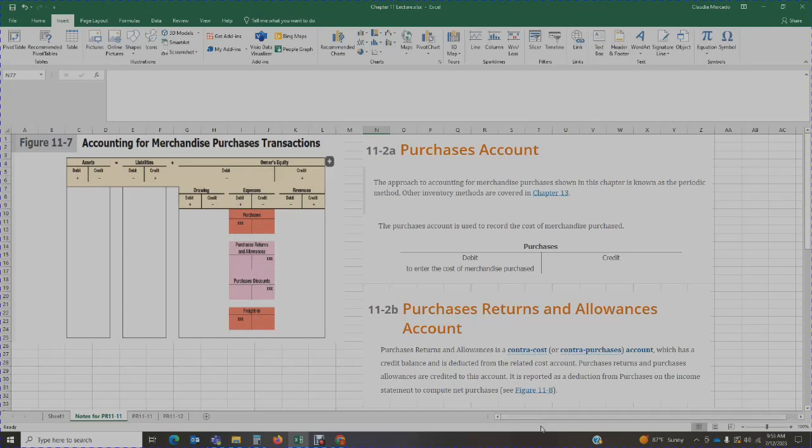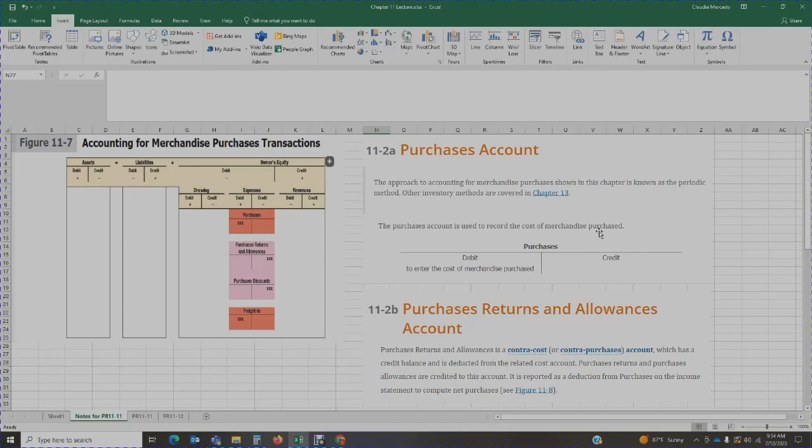There's a lot of information in the book that covers the different accounts. Purchases and freight in have a normal balance of a debit. Purchases, returns and allowances, and purchase discounts have a balance of a credit. Now the purchases account is going to be used to record the cost of merchandise purchased. In order for us to sell merchandise, we need to acquire it.